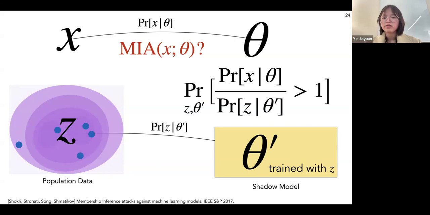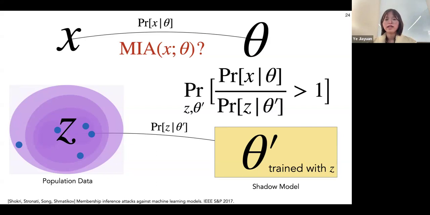So if P of X given theta is larger than a majority of these reference cases, then it basically means it's very likely to be observed on the target model, and therefore it is a member. In this example, Z and theta prime basically give you the baseline for the non-member world.